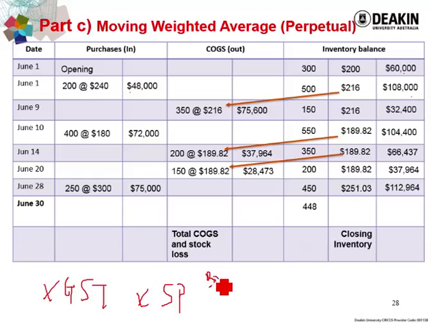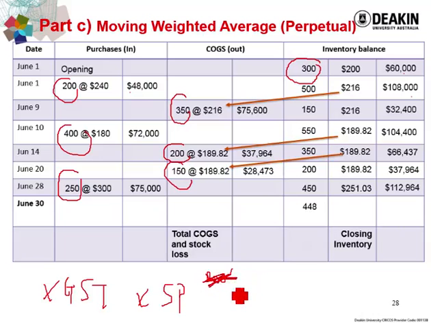If we take opening balance 300 plus 200 plus 400 and plus 250 minus 350 minus 200 and minus 150, you find that our record shows that we are supposed to have 450 units on hand, but stock take tells us that we only have 448 units on hand. So in other words, 2 units are lost. It could have been stolen by one of the employees. So in this case, we need to also account for stock loss.